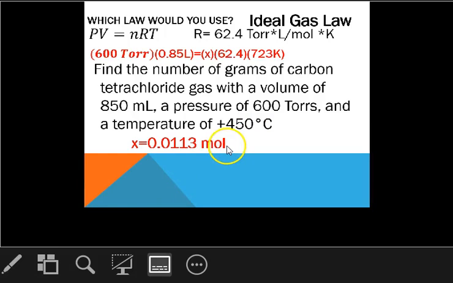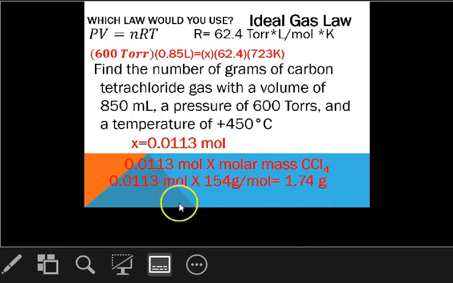Now I have to get from moles to grams. How do you get from moles to grams? If you have moles, you multiply by the molar mass. So you have to know the molar mass of carbon tetrachloride. So that's 1 carbon and 4 chlorines. 1 carbon and 4 chlorines adds up to 154 grams.